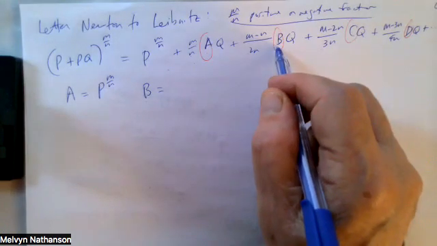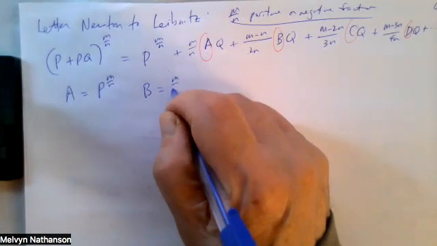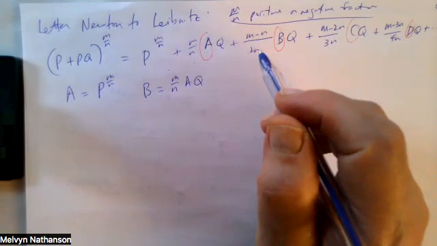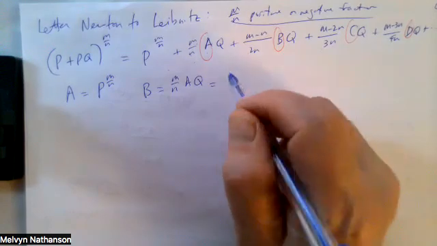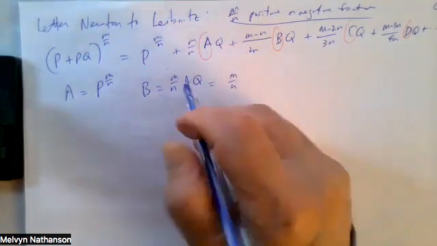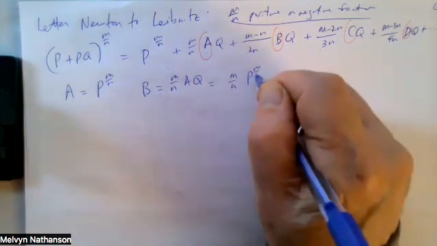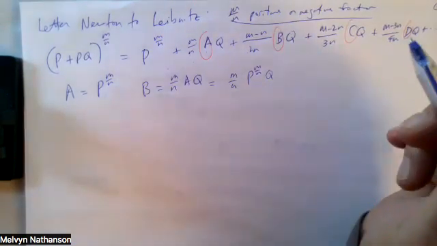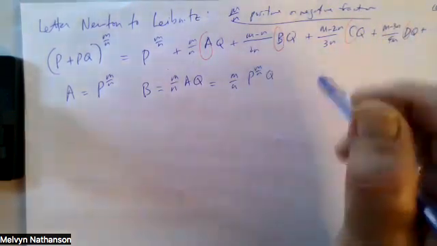Suppose B is the previous term, M over N AQ, which is M over N, and the previous term A, or A is P to the M over N times Q.